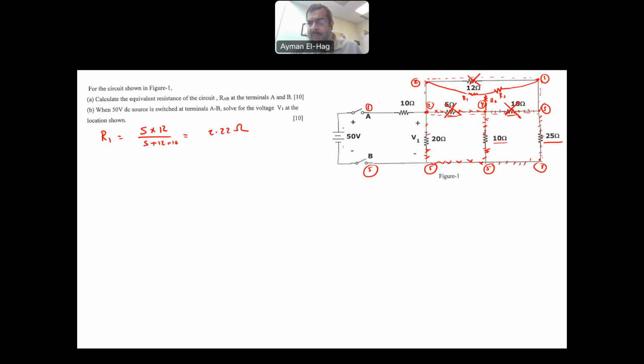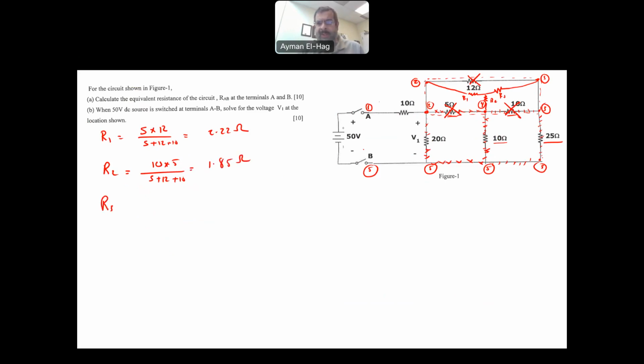Then let's see R2. R2 is basically between 10 and 5. So your R2 is equal to 10 times 5 divided by the same sum, 5 plus 12 plus 10, and this will give me 1.85 ohm.